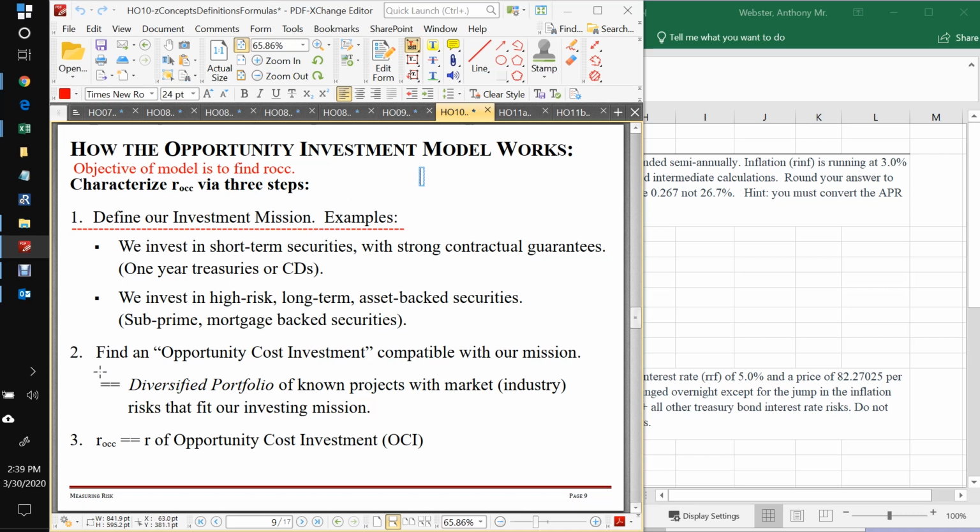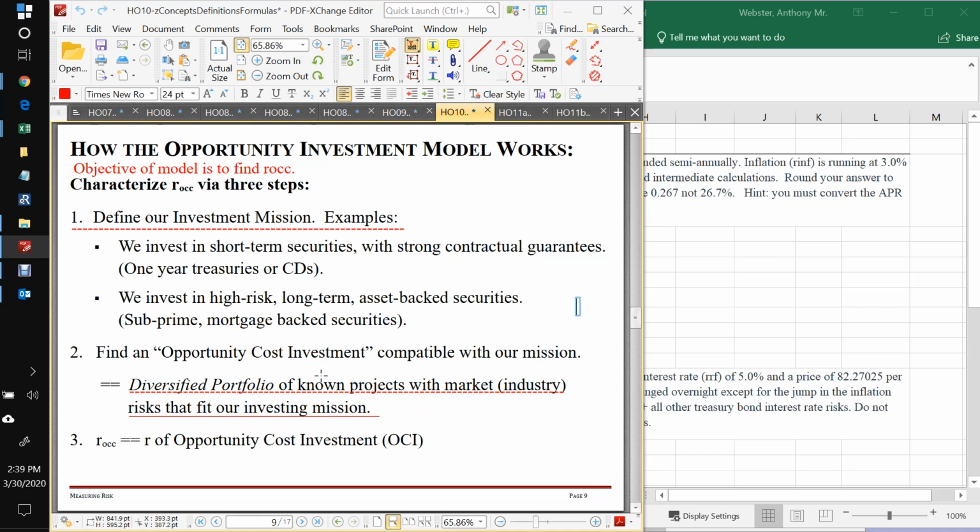And once we know that, then we want to find an opportunity cost investment that's compatible with our mission. And remember, our opportunity cost investment is that diversified portfolio of known projects with market or industry risks that fit our investment mission.